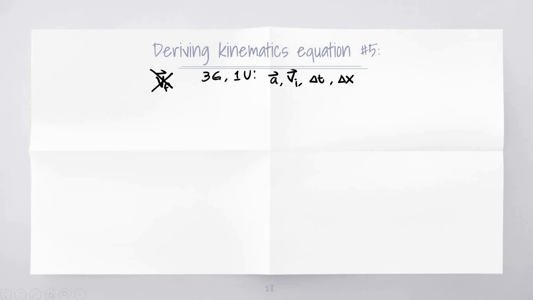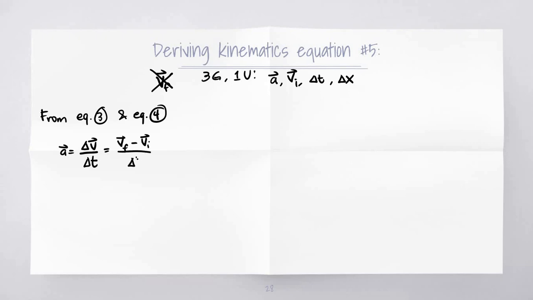Alright, so we need to eliminate final velocity from our formula for kinematic equation number 5, and to do that we need to use equation number 3 and equation number 4. What is equation number 3? Equation number 3 is the formula for acceleration. Acceleration is equal to delta v, change in velocity, over change in time, where change in velocity is final velocity minus initial velocity all over delta t.